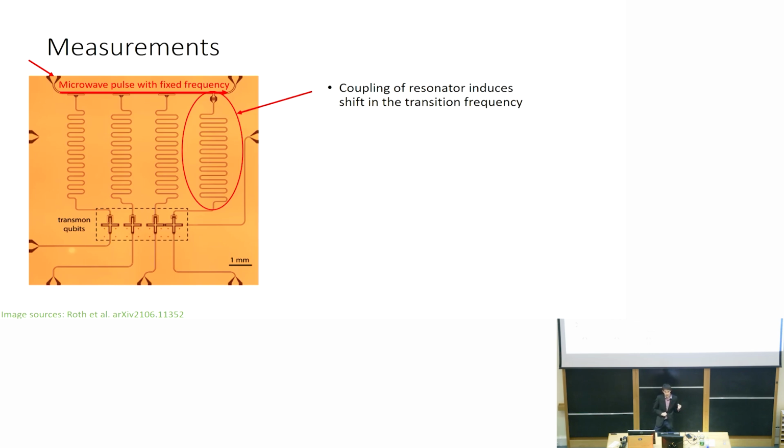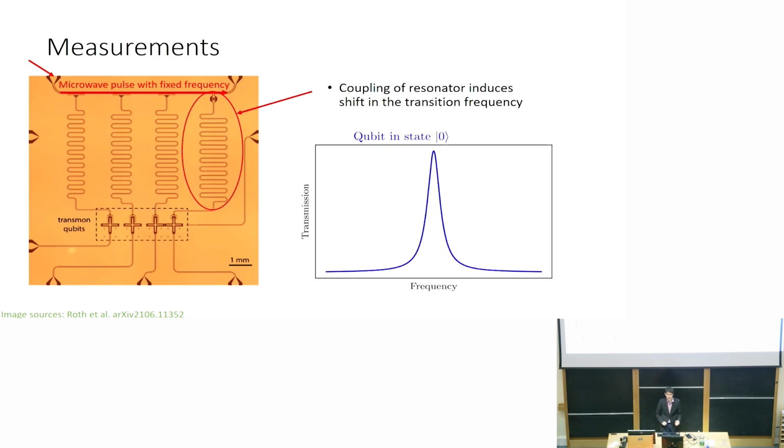On the other hand, the eigenmodes of this resonator depend on the qubit states. What it explicitly means is, when you look at the transmission frequency of your resonator, which you can measure by applying a microwave pulse, you see that it has a given resonance if the qubit is in state 0, but it's shifted when the qubit is in state 1. And basically, by reading out the transmission frequency, you can measure the qubit and infer in what state it is.